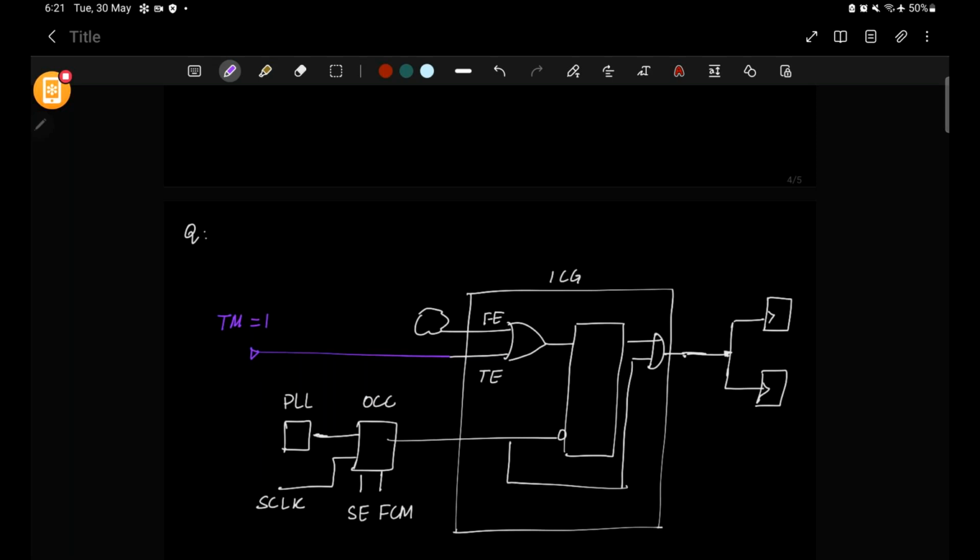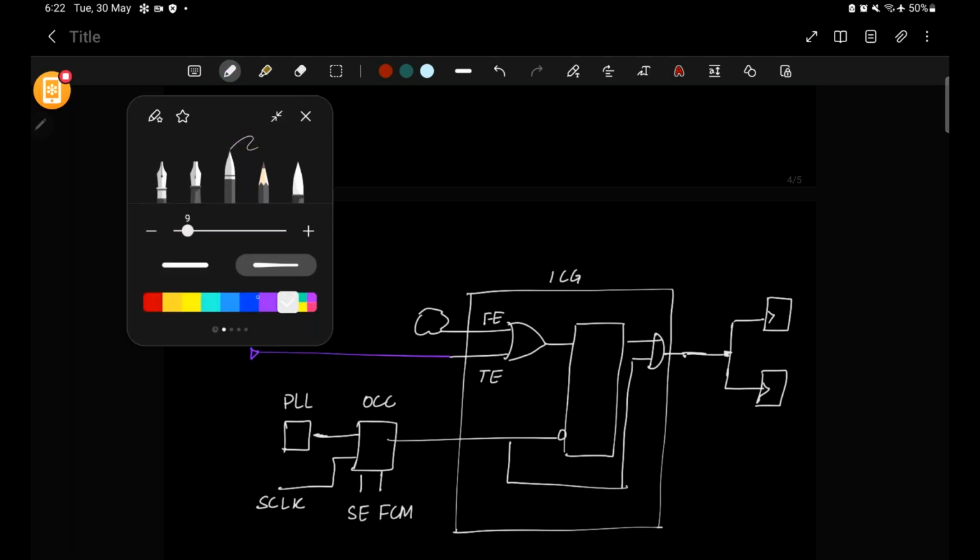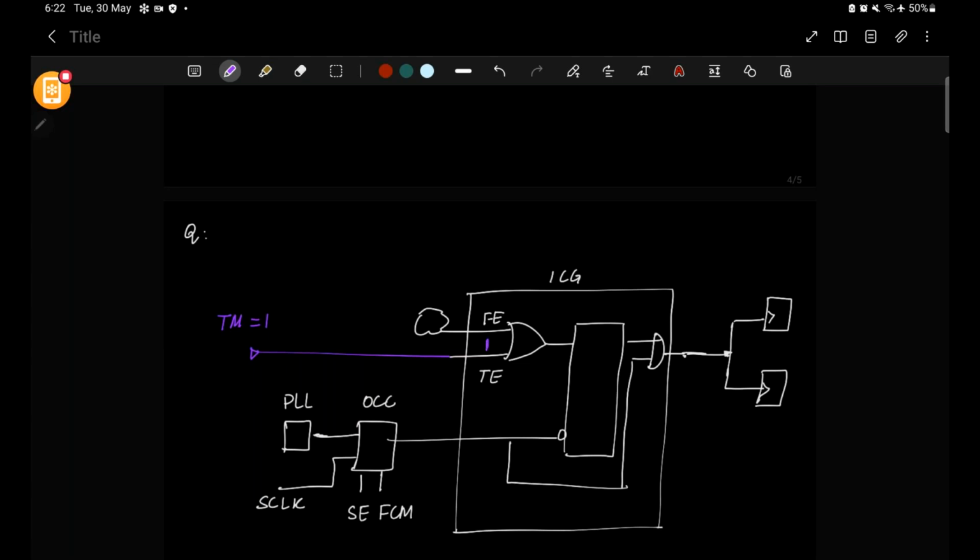So what will happen? The test enable of this ICG will become one, and the output of this OR gate will also always be one.